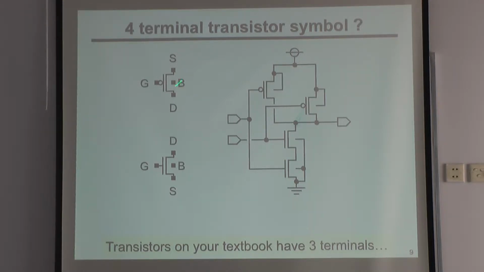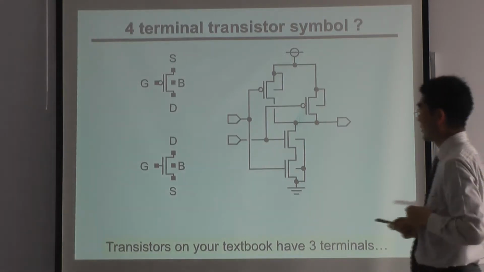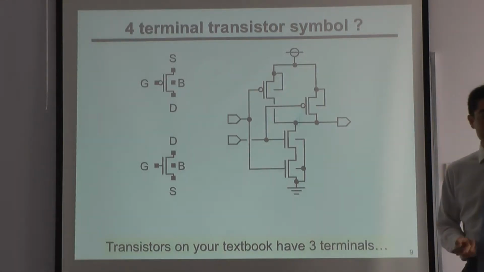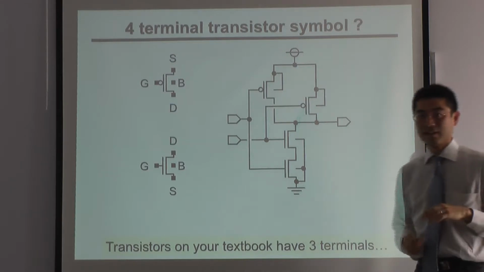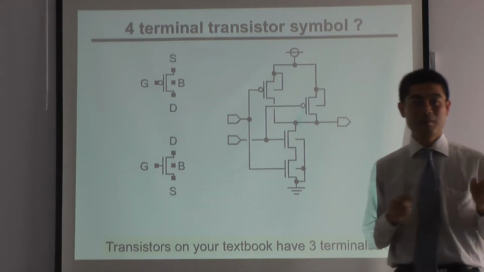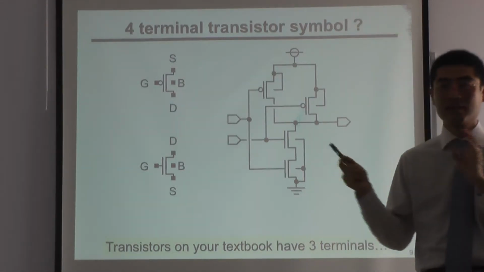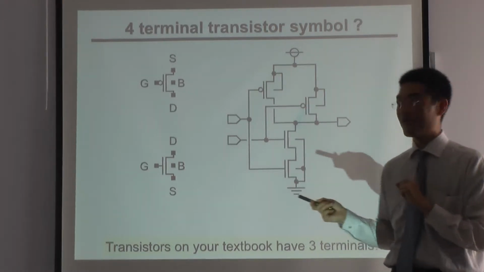Do you know what B means? B is body. What is that? Usually the textbook has three terminals, and maybe you ask your friend what this is and what to do with it.